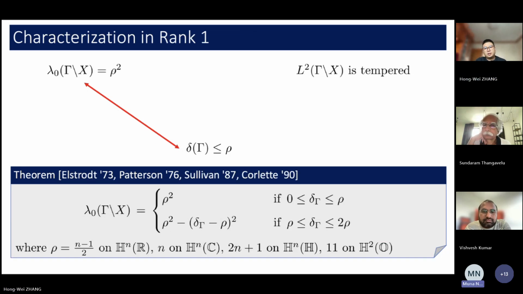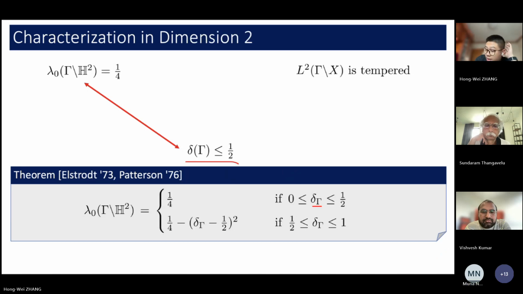What happens if gamma is SL2(Z), suppose? If gamma is SL2(Z), it means that we have a finite area hyperbolic surface. Then delta gamma is 2 rho, and lambda 0 is 0.